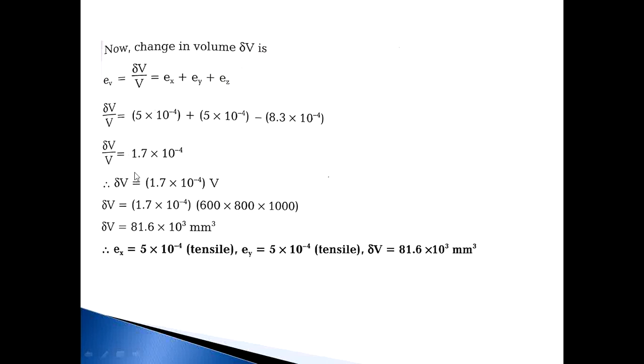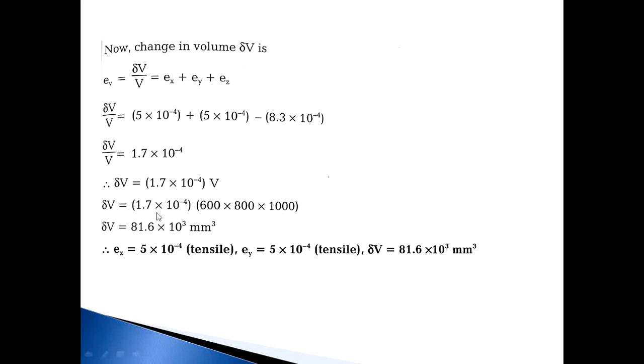So the change in volume is equal to EV into volume, that is 1.7 into 10 raised to minus 4 into V. The volume is L into B into H, 600 into 800 into 1000, into 1.7 into 10 raised to minus 4. So delta V is equal to 81.6 into 10 raised to 3 mm cube.